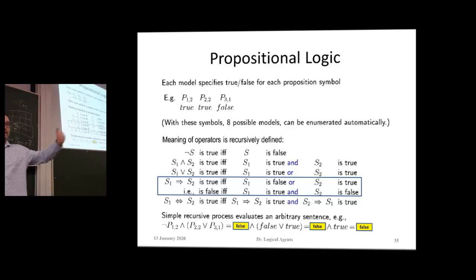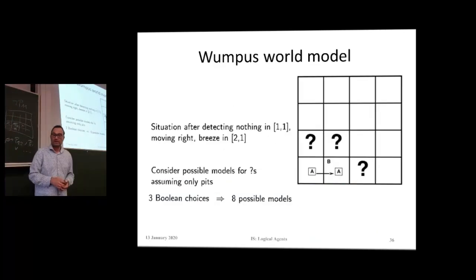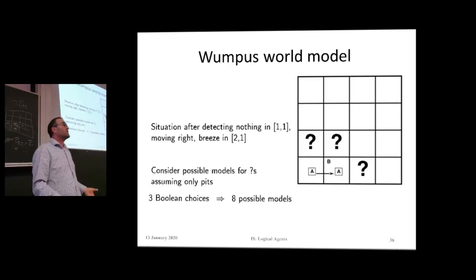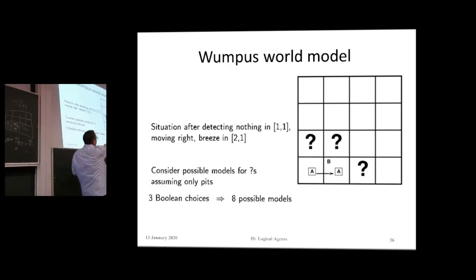We can now calculate for complex formulas. We can calculate recursively the value for any formula in the language of propositional logic. So how does it help us? We can now check for every possible value in our game whether a certain property holds. So let's now look only at the bottom-left part of the game.